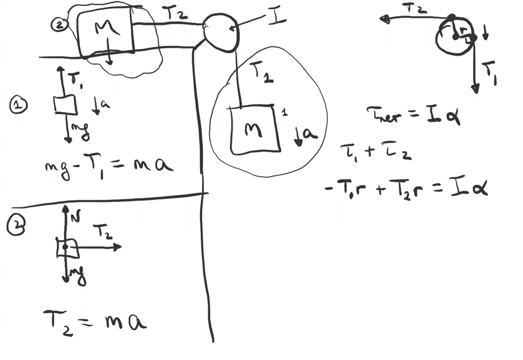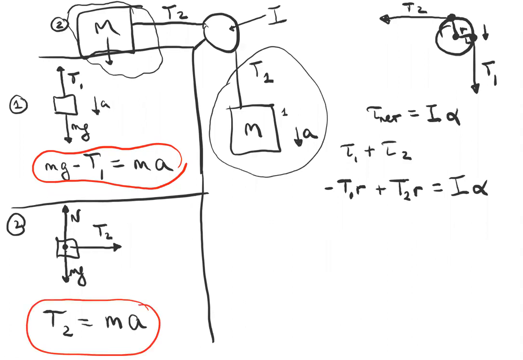Okay, I have three equations now. This is my first equation, this is my second equation, this is my third equation. So let's look at everything that I know first. I know my masses, and I know g. I know the pulley's moment of inertia and its radius.